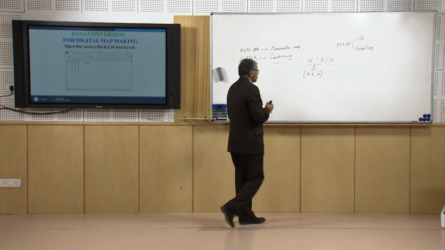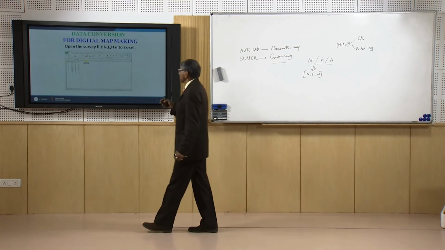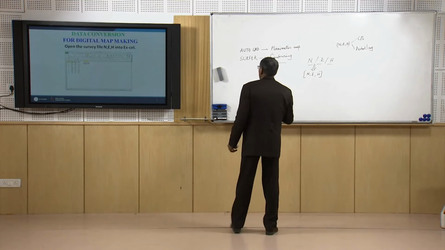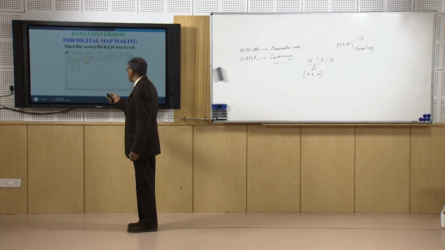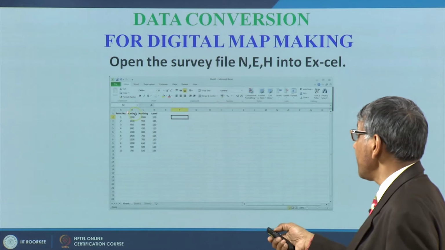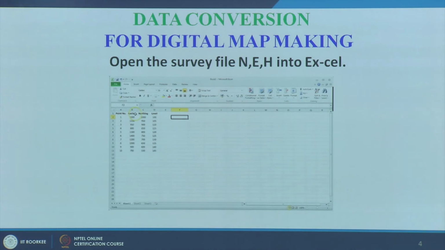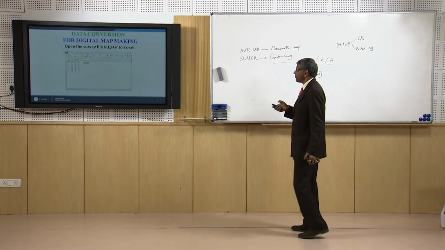So we have to do it by using software. First we will transfer our NEH of the control points and detailing into an Excel sheet. So this is the sample data you can see here, easting, northing and height we have taken. So we can open this file.